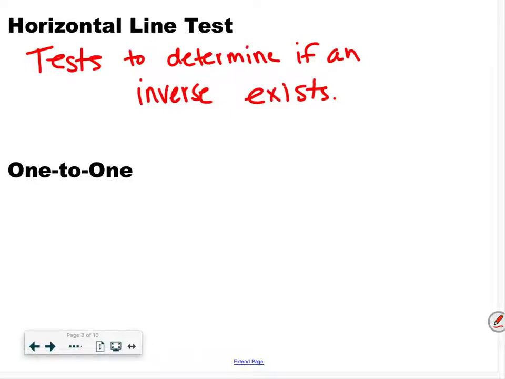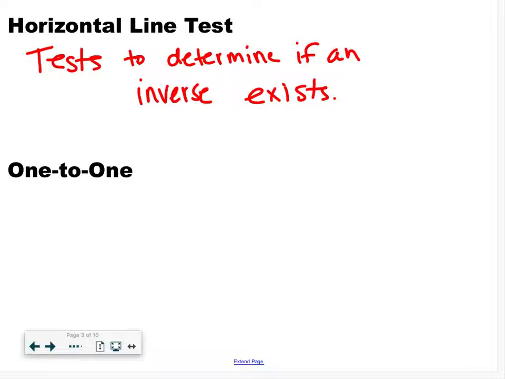A quadratic would not pass the horizontal line test. A parabola is not going to have an inverse. Now, if I had half of a parabola, would that pass the horizontal line test? That would have an inverse, but not a full parabola. That's going to become important in a little bit.